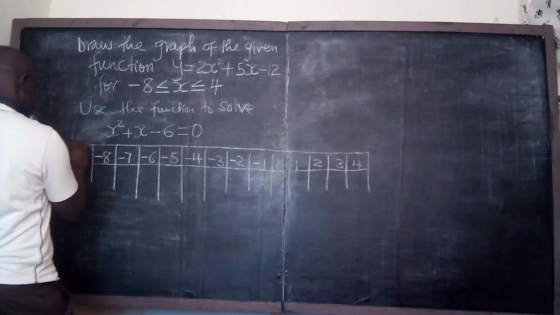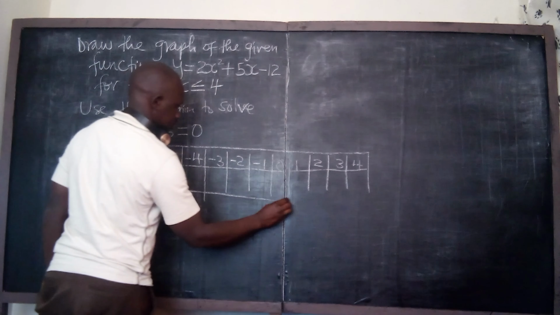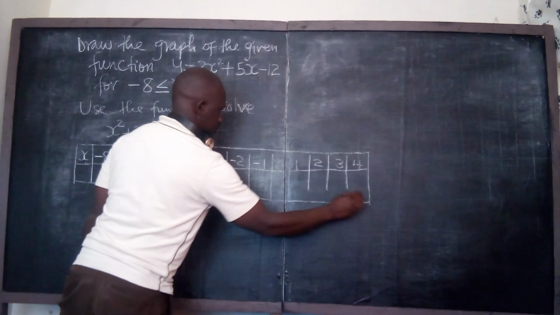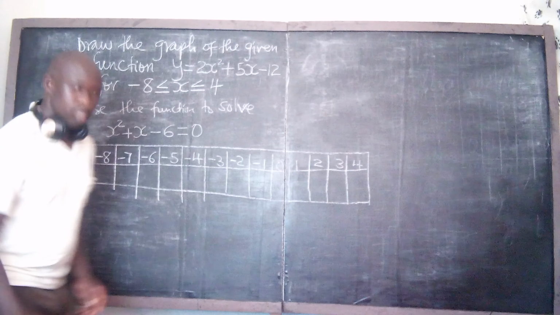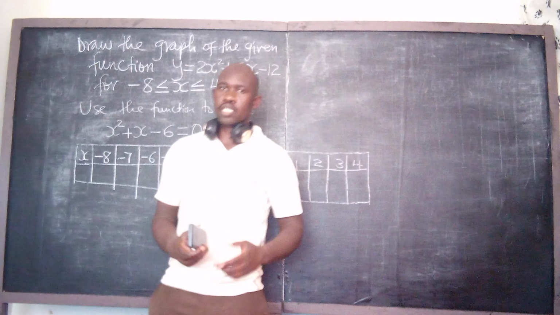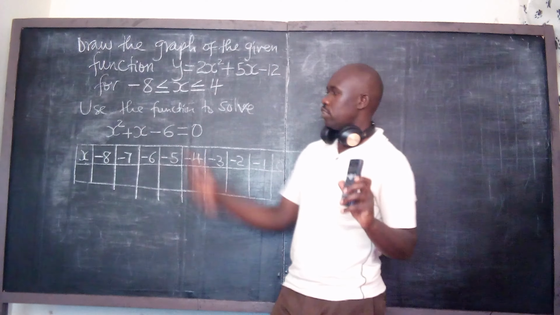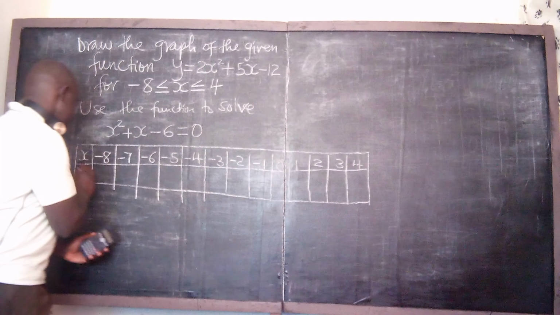And then from this table, we plot the graph, so that's what we need to have. So I'm going to use the calculator to fill in the values of x and the corresponding values of y.